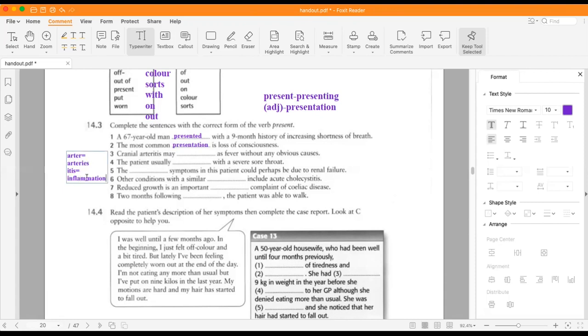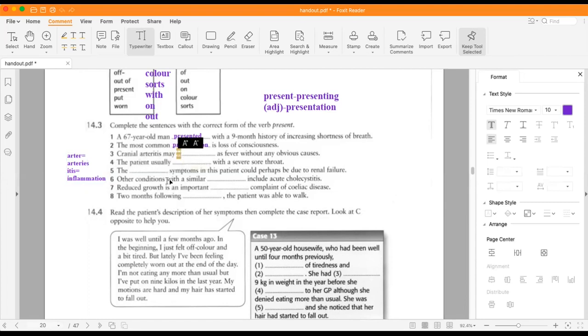So here it means inflammation of the arteries that supply blood to the head and the brain.